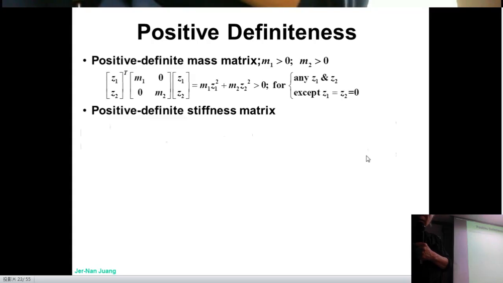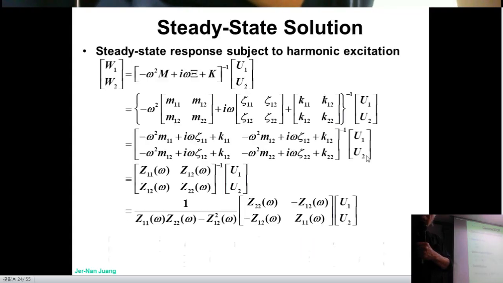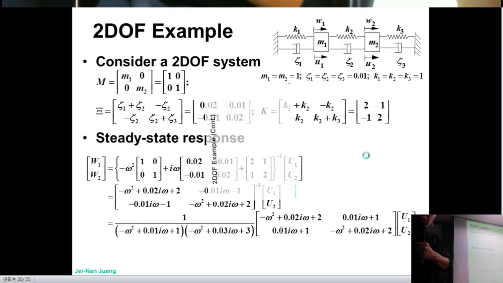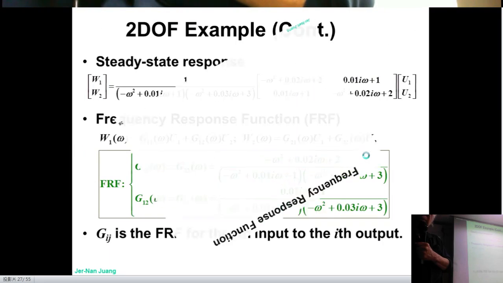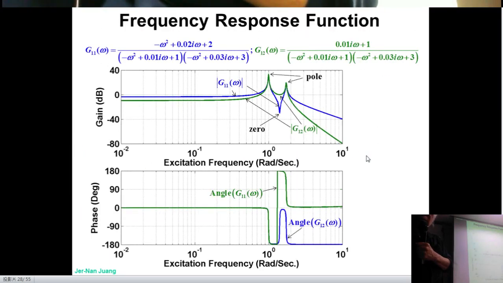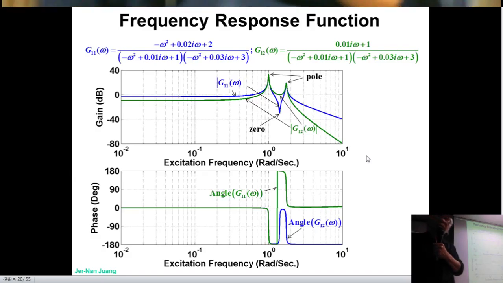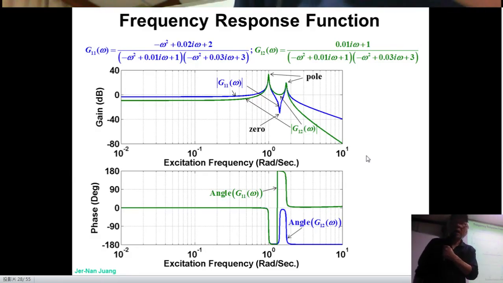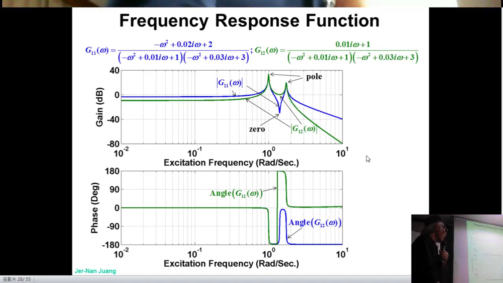Last week, I think we discussed up to the 2 degree of freedom examples, and we talked about these frequency response functions, and then we discussed about the peak, and we discussed about the pole. The pole, in control terminology, means the eigenvalue of the system.